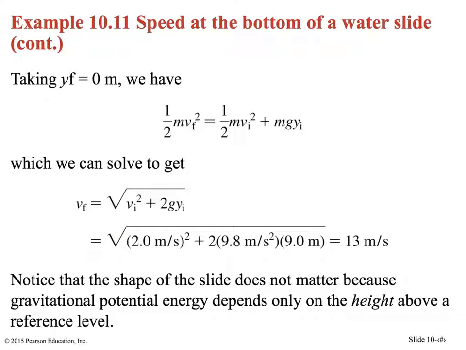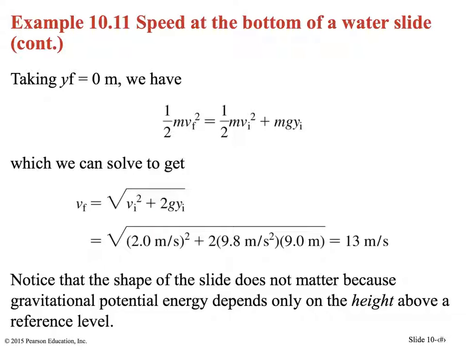So when we do our 2 times 9.8 times 9, we have to add to it that initial velocity squared, because that's how we have it in this problem. So don't forget in this problem to add that initial velocity.